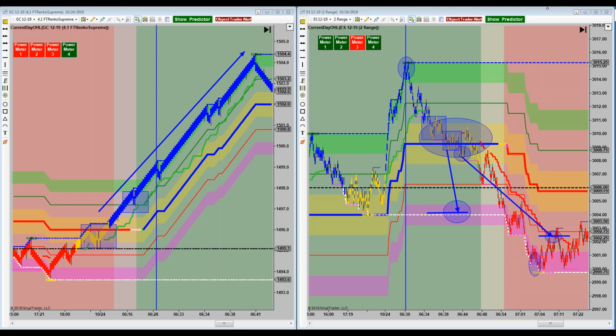Now, my data's a little screwed up here, so I apologize. For some reason, my data is not loading before about 6:05 from today. So, if we have to, we can go back and look at yesterday. Stand by, the data's coming in. Why in the heck is it doing this?